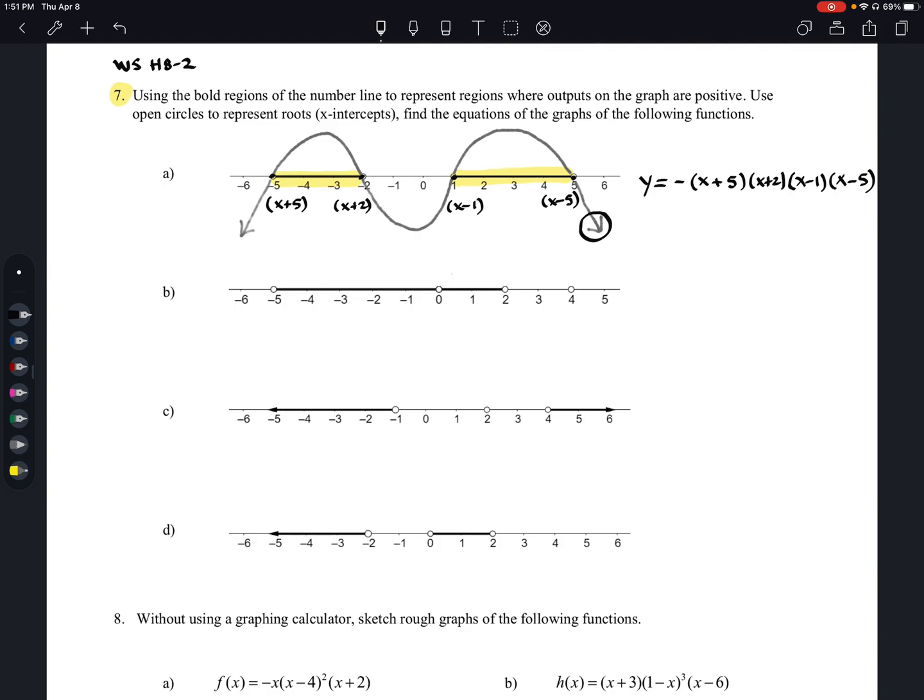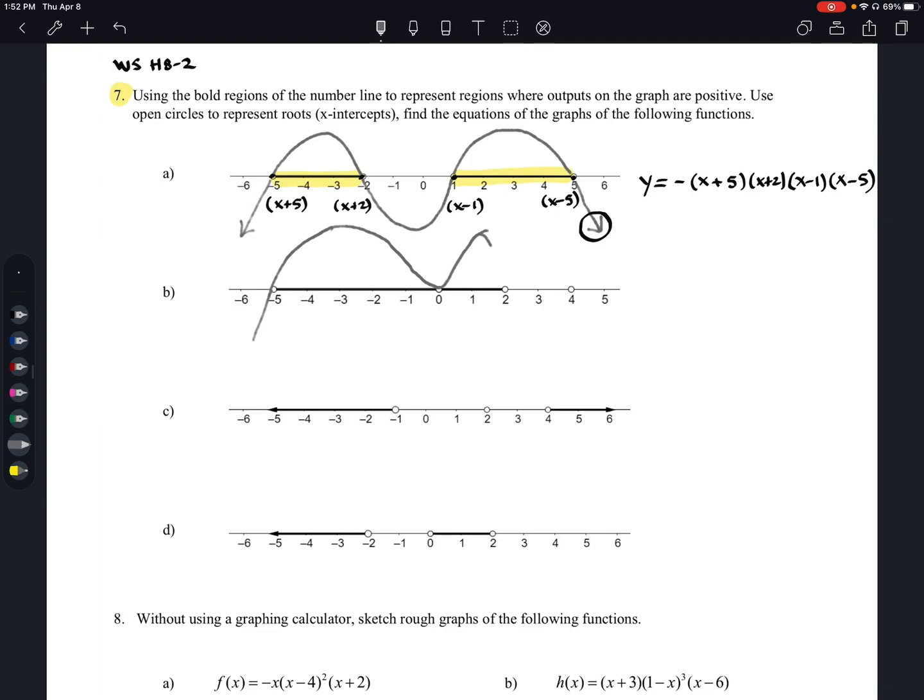Let's move on to letter B. As you trace it, think about it again. Make sure that it's at the x-axis at the circles. So in this one, we'll come up and be above it. And then we're going to come back down to 0. But remember, it's bolded on the other side, so it has to bounce and come back up.